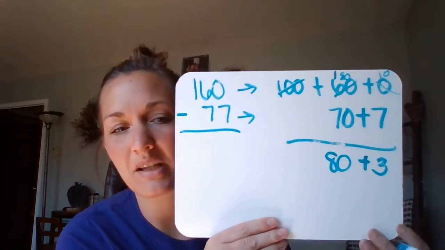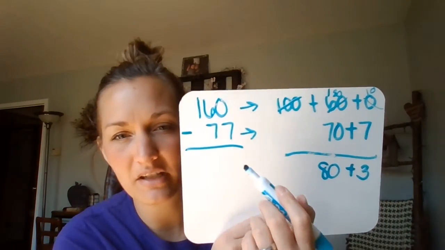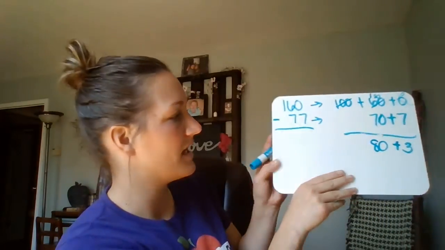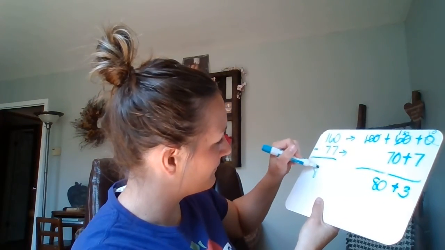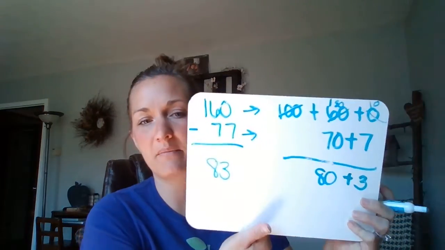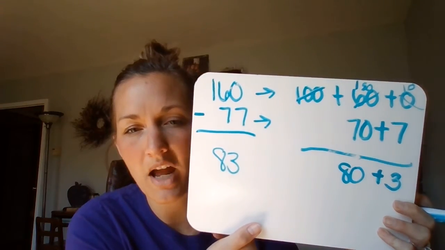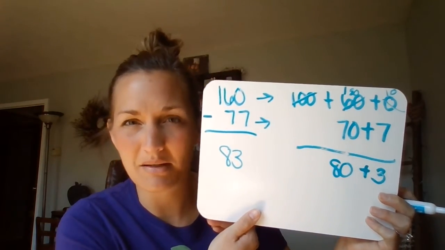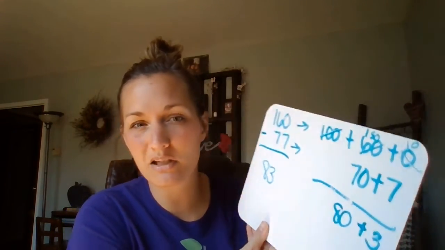So 80 plus 3 becomes 83. So 160 minus 77 is 83. Okay, we're going to try one more of these because I know they can sometimes be a little bit more challenging. So we're going to try another one where we have to do a lot of exchanges.